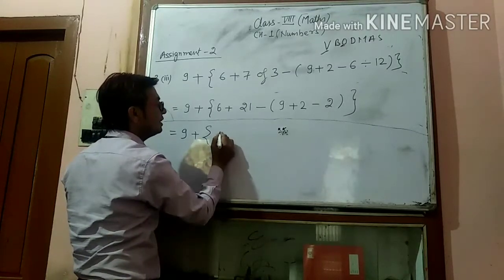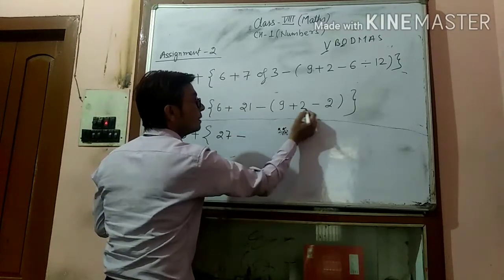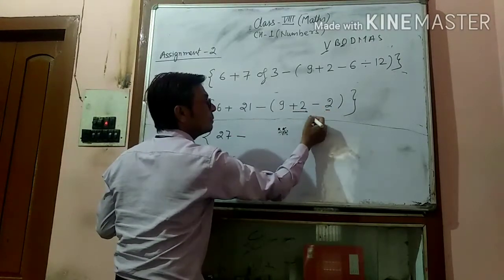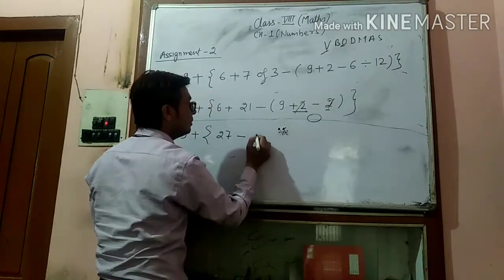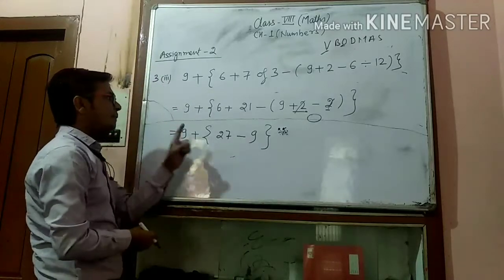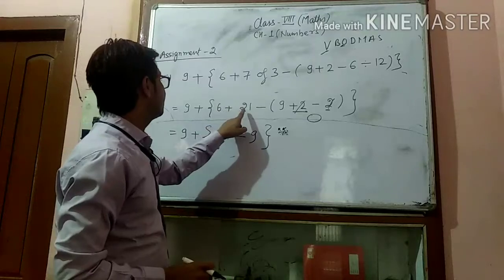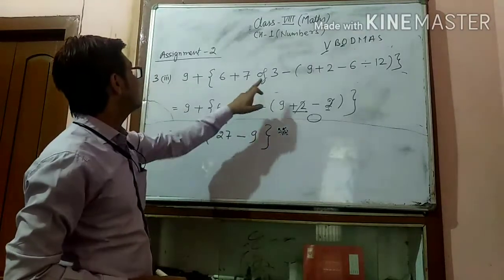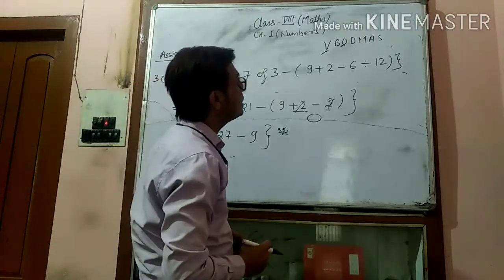9 plus 21 and 6 is 27, minus. Here, see, the plus sign and minus sign cancel out, only 9 is remaining. 9 and 27 plus minus 6, 21, 7 3s are 21, plus minus 6.